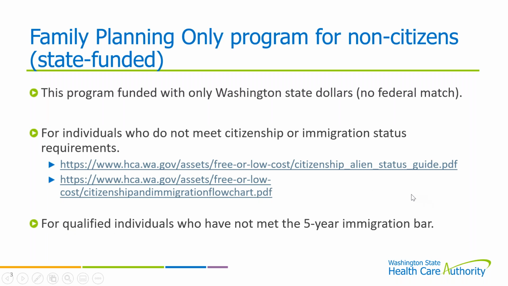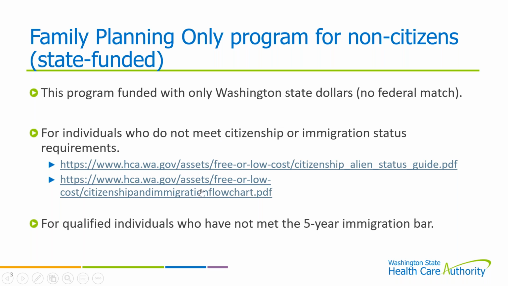So our family planning only program for non-citizens is a state-funded program, which is only funded by Washington state dollars, so there's no federal match. Our other family planning only program is a federal match, so that's the difference. This program for the non-citizens is for individuals who do not meet citizenship or immigration status requirements.